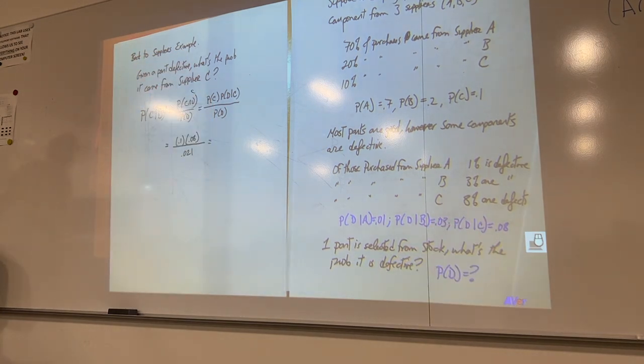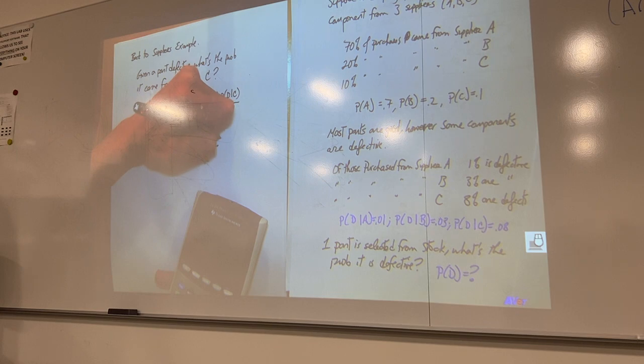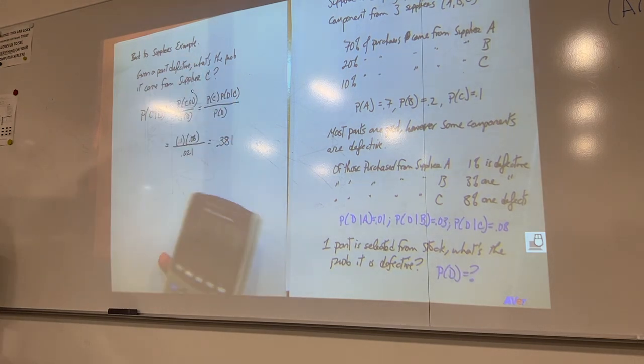How's that look? So what have I got? 0.1 times 0.08, that's 0.008, divided by 0.021 is 0.381.